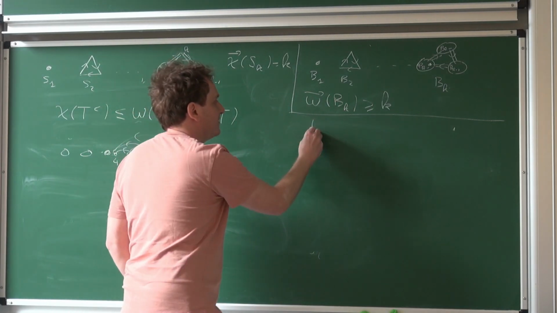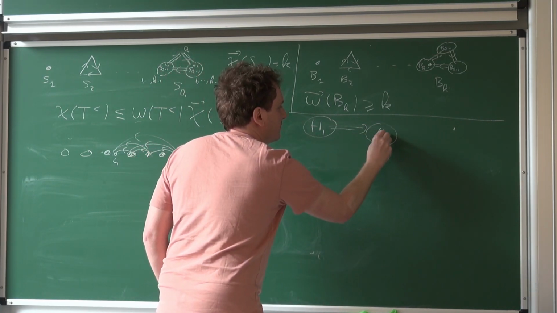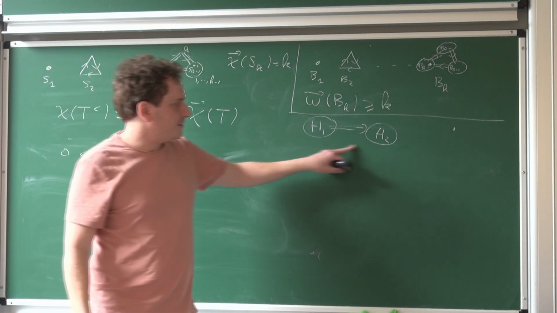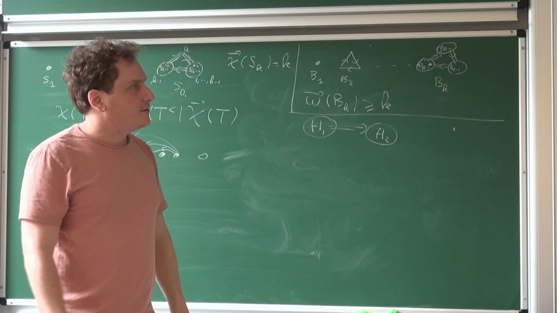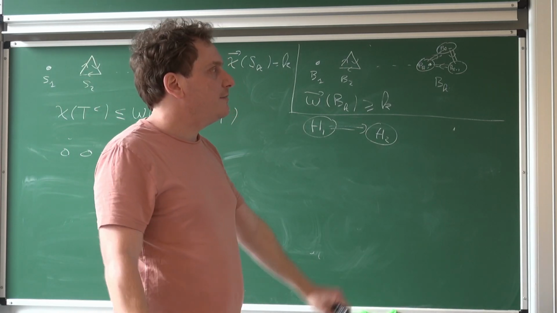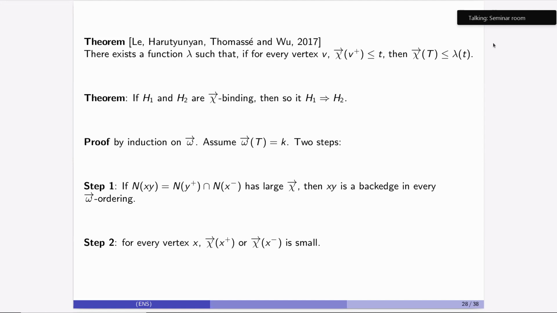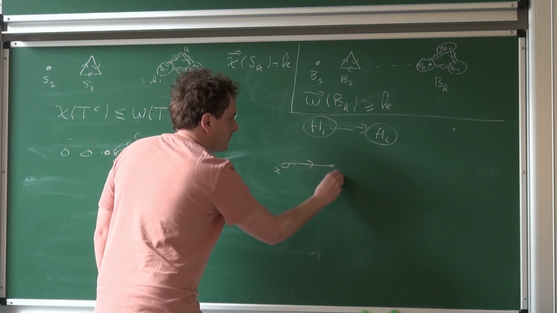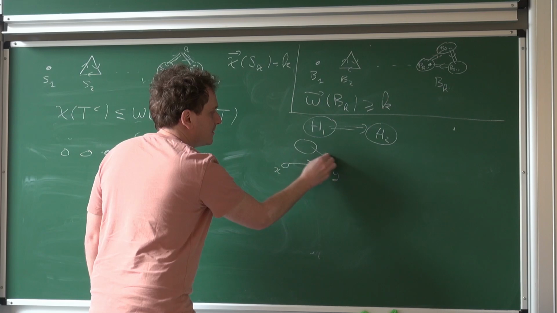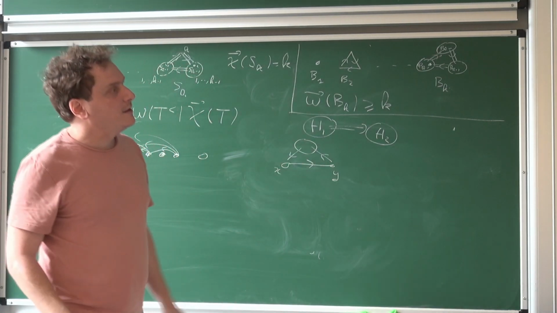So you have H1, H2, and you want to prove that if I forbid this, then the class is chi-bounded. So we do it by induction on omega. There are two steps I wrote. The first step is, if I have an arc xy, I look at its neighborhood, the set of vertices that form a triangle with this arc.